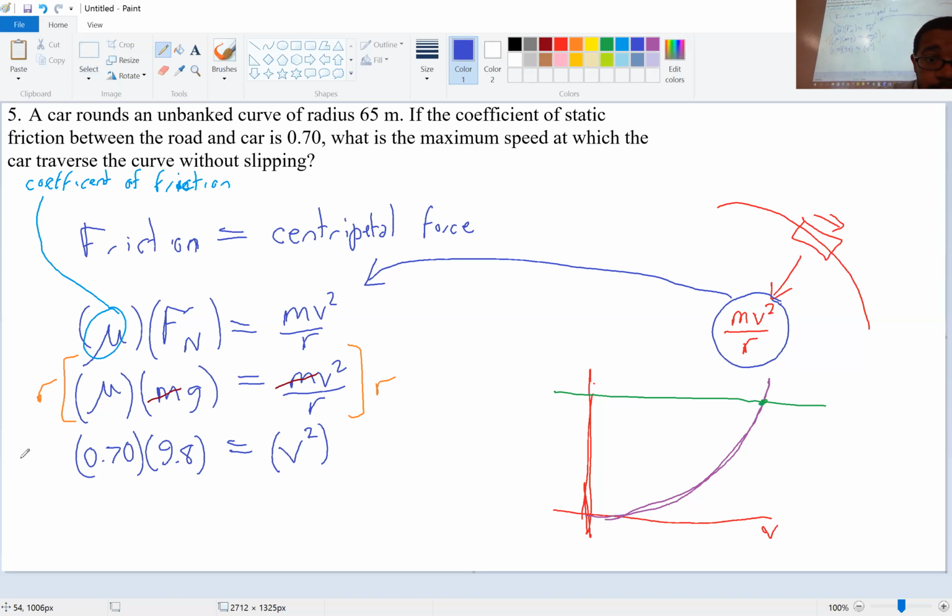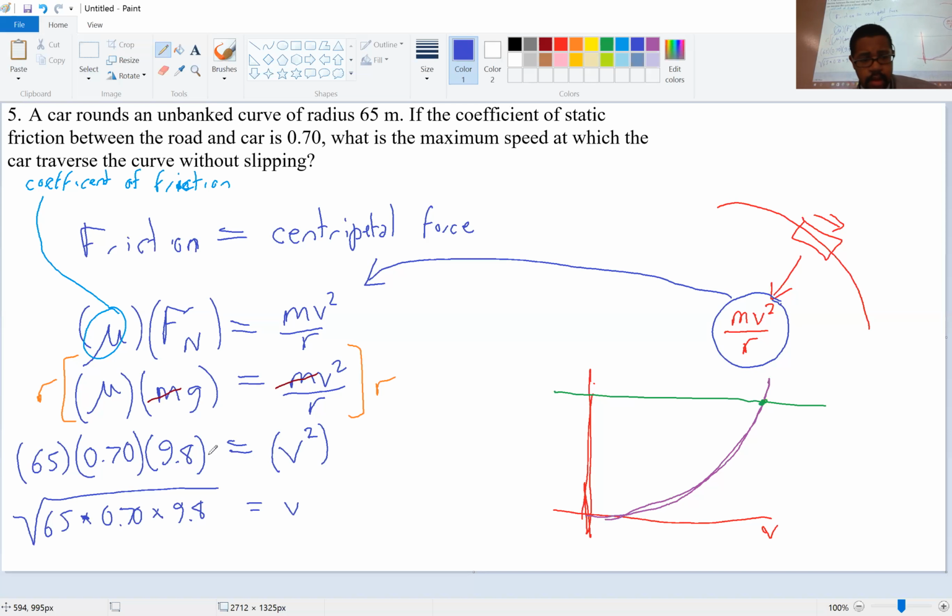So then r would be 65. And then all I need to do to find velocity is just take the square root of 65 times 0.70 times 9.8.